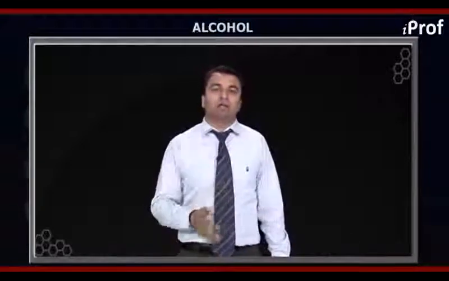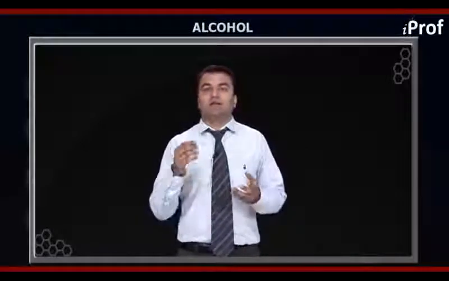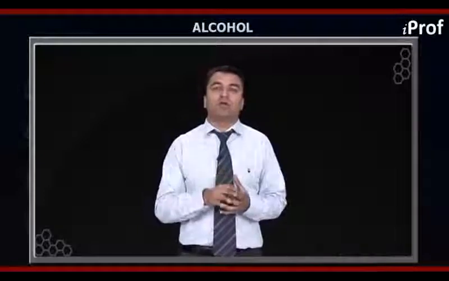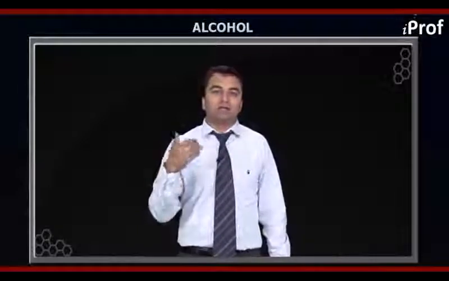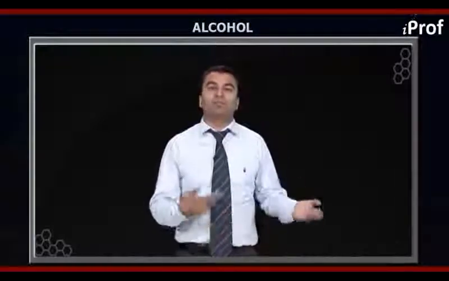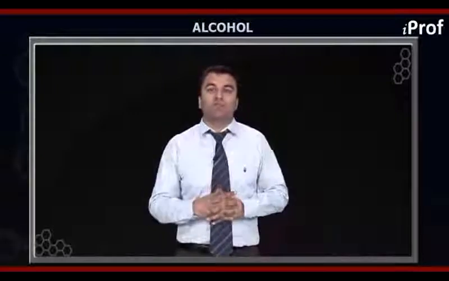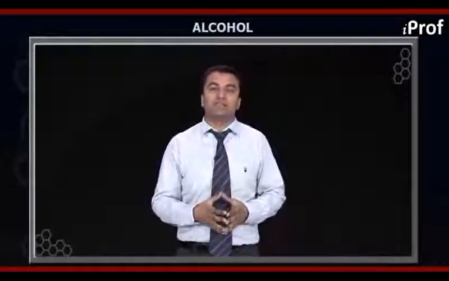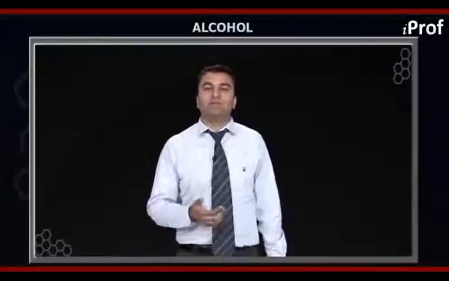So for that matter what you need to think about is which reducing agent you should use which can reduce only the aldehyde group, not the COCl group. For that I have told you 4 types of reducing agents, so you should remember the functions of these different reducing agents.